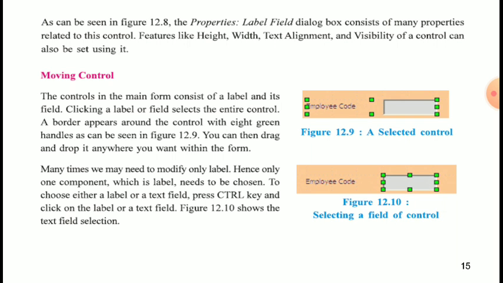Many times we may need to modify only the label, hence only one component, which is the label, needs to be chosen. To choose either a label or a text field, press Ctrl key and click on the label or a text field. So figure 12.10 shows the text field selections. So that is moving a control.